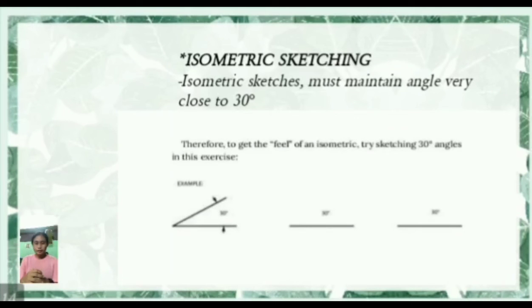Isometric sketches must maintain angle very close to 30 degree angle. So therefore, to get the feel of an isometric, try sketching 30 angles in this exercise. So look at the angle of 30 degrees. So imuhang always remember nga ang isometric sketching is always siya nag-maintain og angle nga 30 degrees. 30 degrees ra gyud siya.